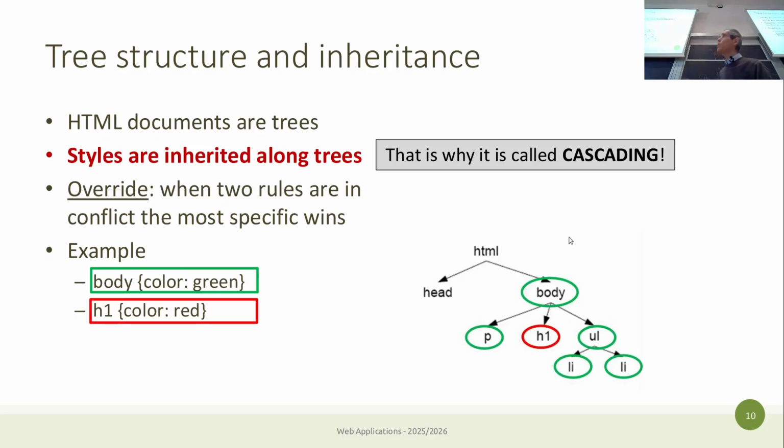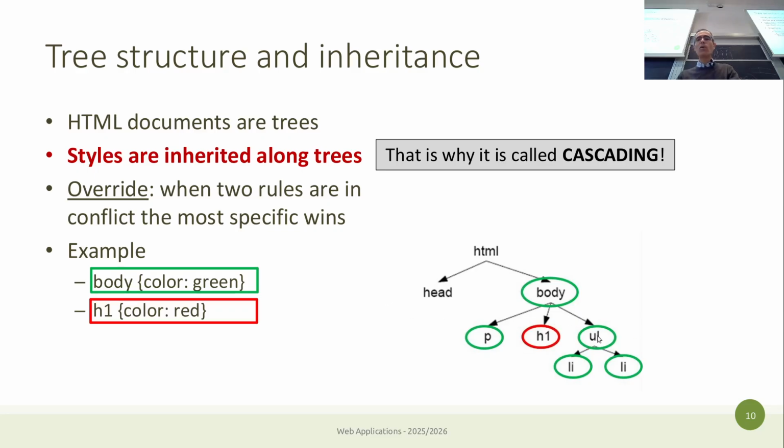styles, so rules in general, are inherited along the tree to the children until the leaves of the tree. 95% of the time it makes sense. Like body, color green, everything is green below body.